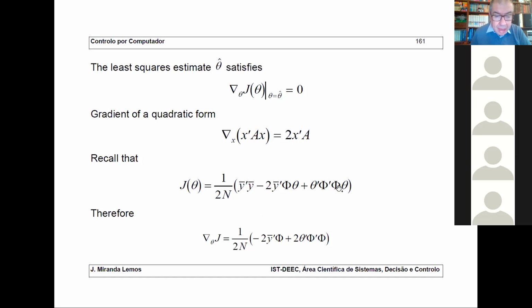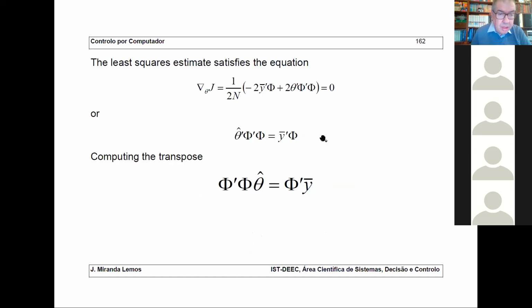So remember that my A matrix is phi transpose phi. Okay, and my x is theta. So I have 2 x transpose, which is theta transpose, and then matrix A, phi transpose phi. So my gradient is given by this. So I can cancel the 2. I can even multiply everything by n to get rid of this.